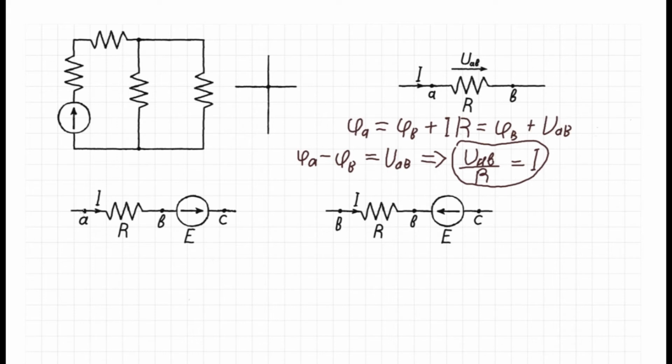And three points. This segment contains point A, point B, and point C. Okay, this is a branch of the circuit, in which flows the current designated by the letter I, a current with an arrow, flowing through this branch.